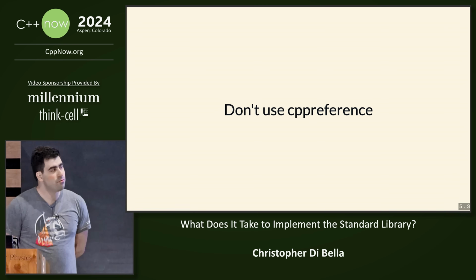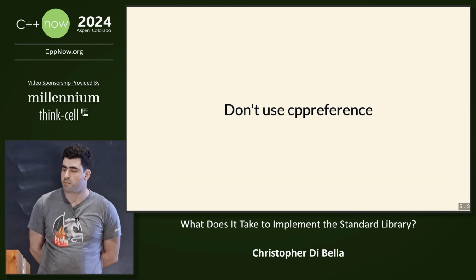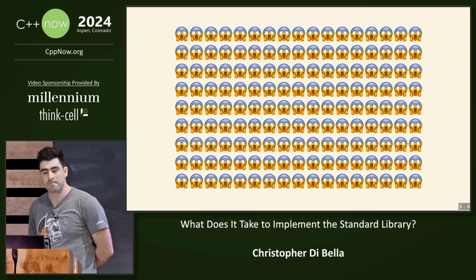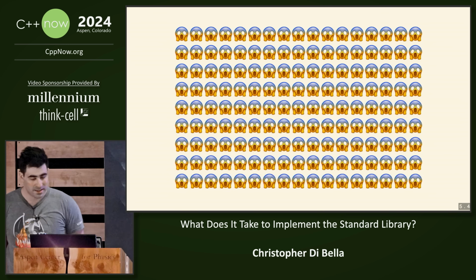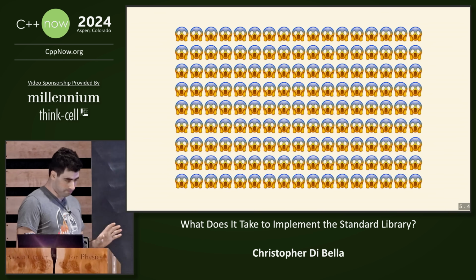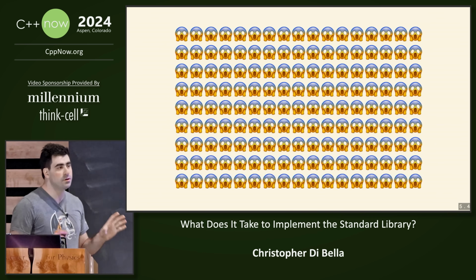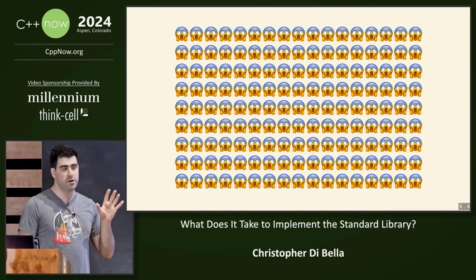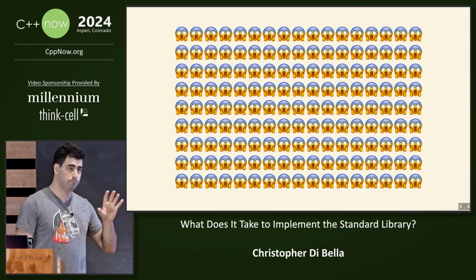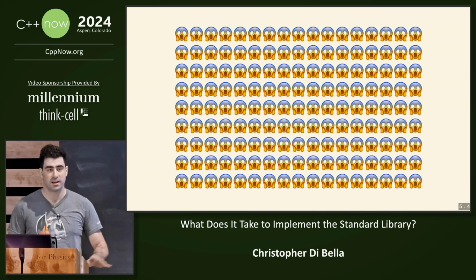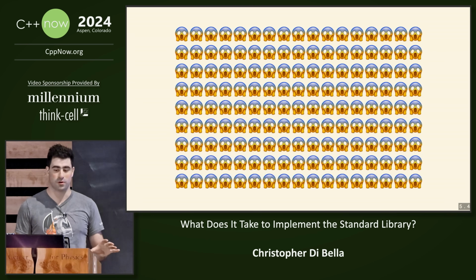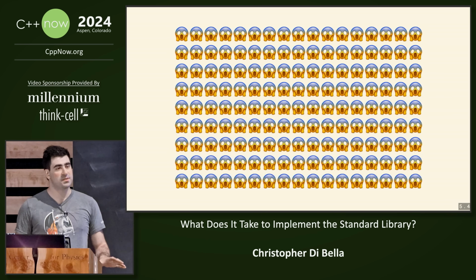And if you receive these 3 words, you're probably feeling like this. So I want to make something very clear. You can still use CPP reference for non-standard library or non-compiler related implementations. CPP reference is an excellent resource, but it does have mistakes and omissions.